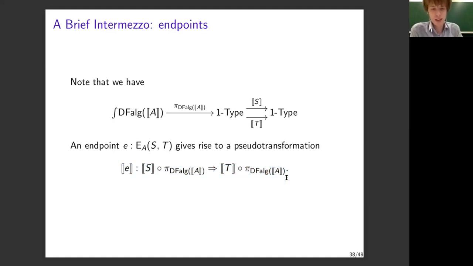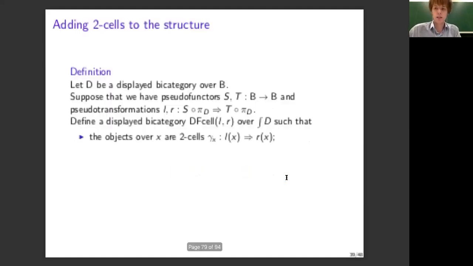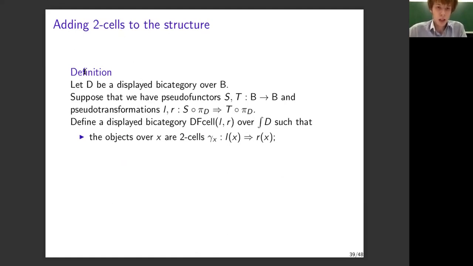Let's try to keep this in mind and see how the following construction works. We have a displayed bicategory over B. In our example, this was algebras on a pseudofunctor, and this is one-types.